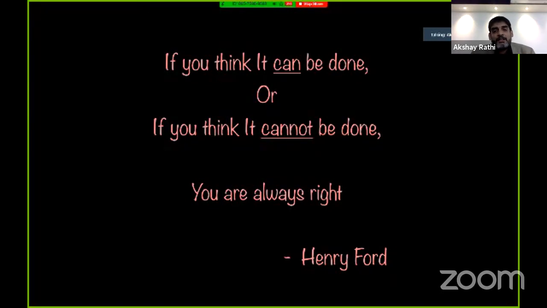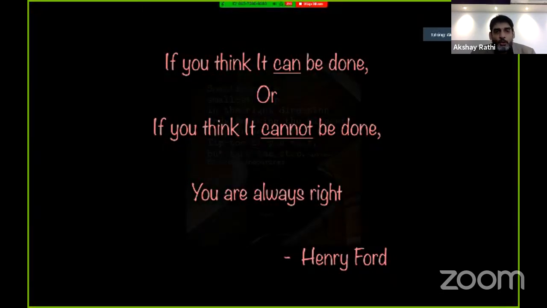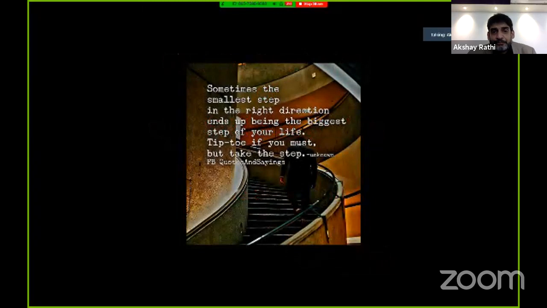There is nothing right or wrong. Whatever it is, it's up to you. If you are not doing it, that is right for your clinic. If you are doing it, that is right for you and your family. Sometimes the smallest step in the right direction ends up being the biggest step of your life. Tiptoe if you must, but take these positive steps.